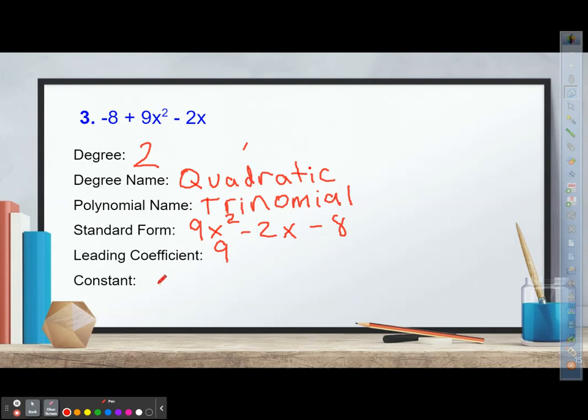That means it has no variable with it. Adriana, what would you say the constant was? 8. Now, what's the sign in front of it? -8, sorry. -8. Perfect. So don't forget the sign in front of it. Good job. How do you know the constant again? It does not have a variable with it. It's the term that does not have a variable. Okay. All right.